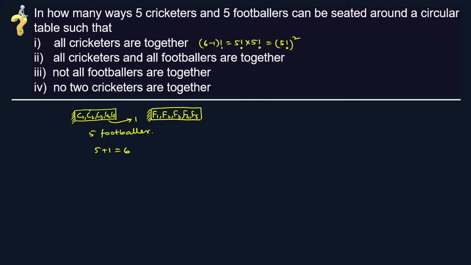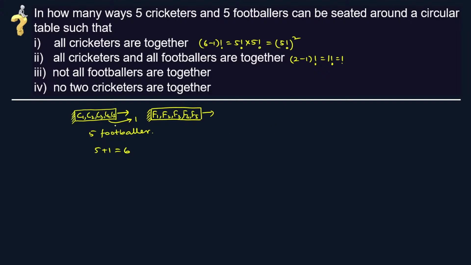Is it clear? This is my one object, all the cricketers, and all the footballers as my other object. So we are having 2 objects which can be arranged around a circular table in 2 minus 1 factorial, which gives us 1 factorial, that is 1 only, right?